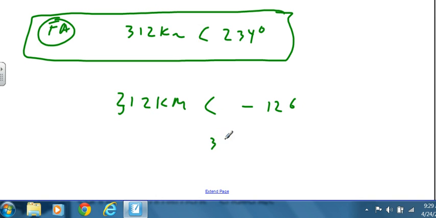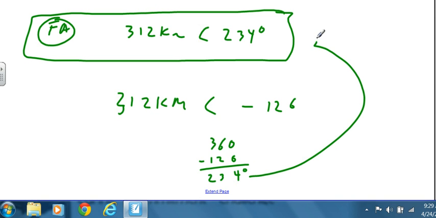And then if I go 360 minus 126, I get 234. I end up with the same thing that I had there. So I could have just put it in my calculator and got the answer. I'm just goofing off until the end of the hour probably.